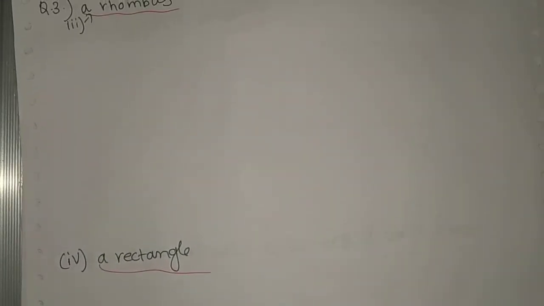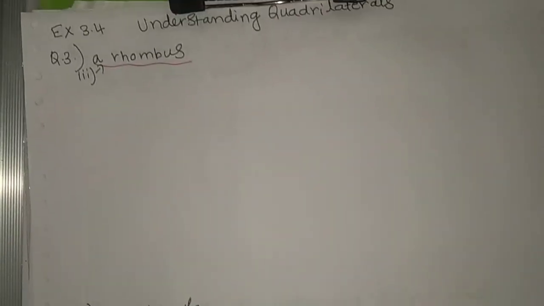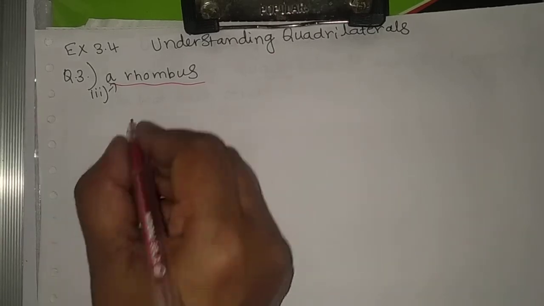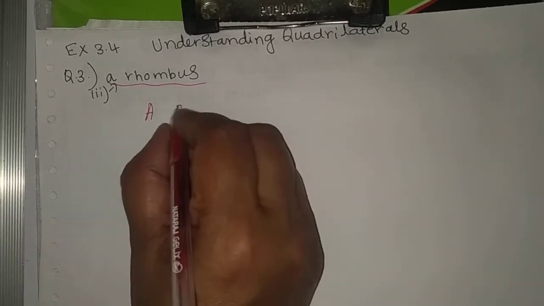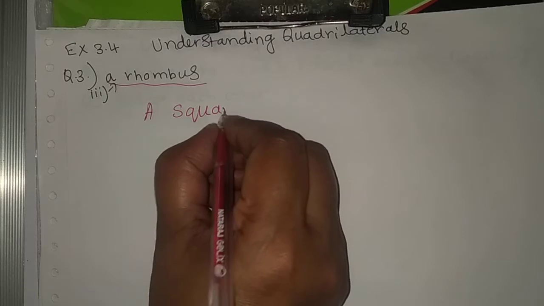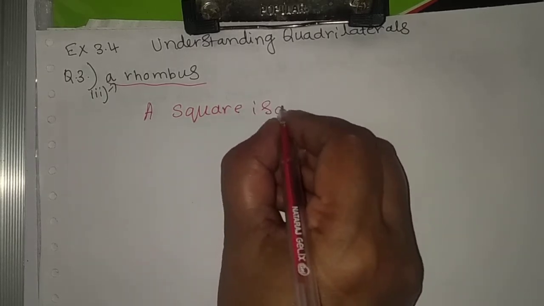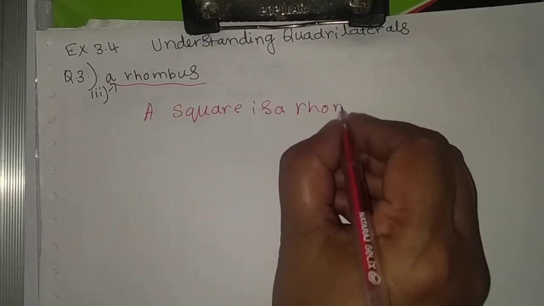Now next option we'll move on to a square as rhombus. So for this one we can say a square is a rhombus.